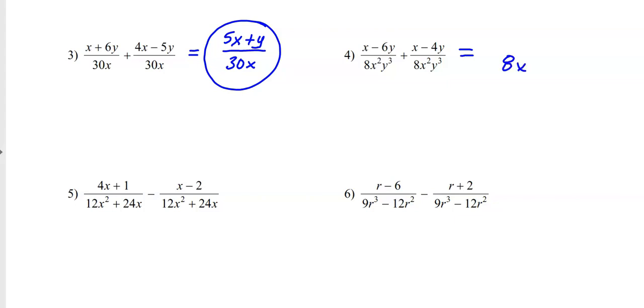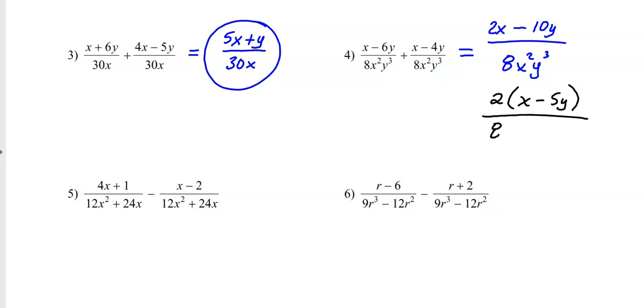Here on the bottom, we have the same, so we're going to keep it x squared y to the third. On top, x plus x, that'll give me 2 x's. I'm going to have a -6 and a -4, that's going to be a -10y. I do believe on top there I can factor out a 2. So I'm going to yank out a 2, greatest common factor, and end up with this.